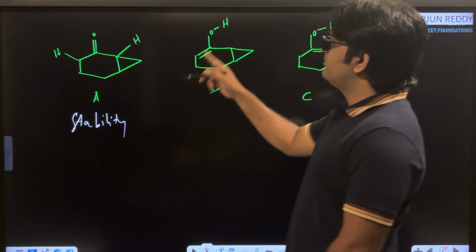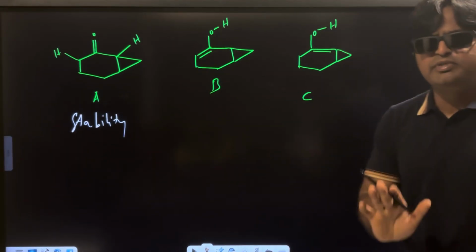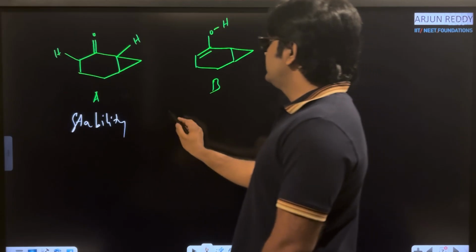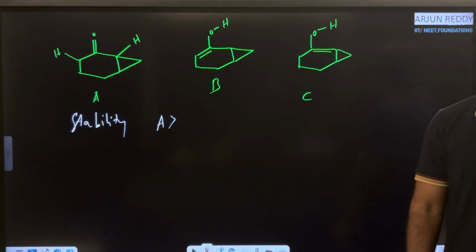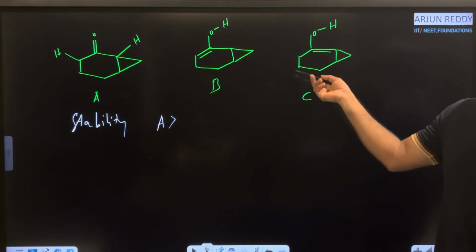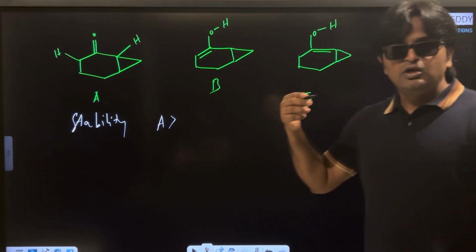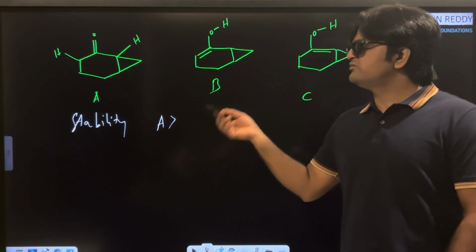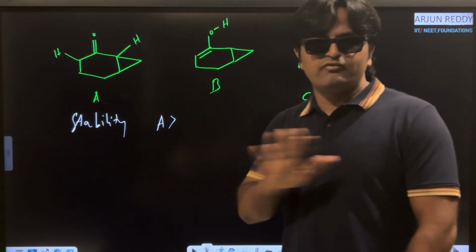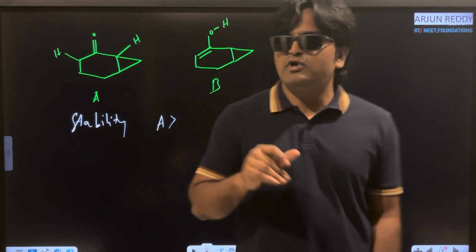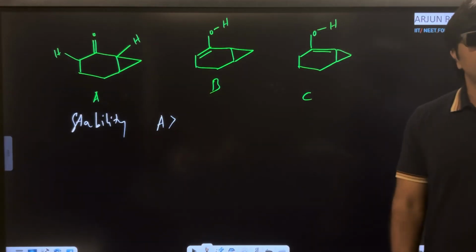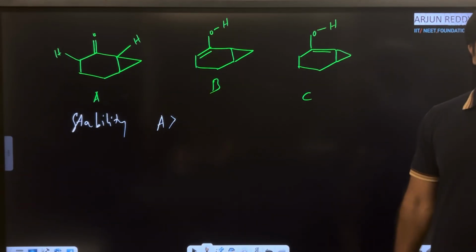First of all, if you compare ketone and enol forms, the simple ketone A is better than B and C. Why? Because in the case of enol, no conjugation, no aromaticity, nothing is there. We are just comparing ketone and enol forms. So which one is expected to be more stable? A. And what about B and C?